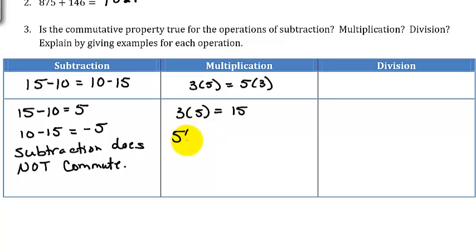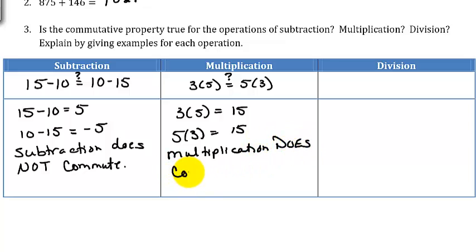And then if we do it the other way around, 5 times 3 is also 15, and so since it's true, and I'll put a little question mark on top of my equal sign because this is a question I'm asking, here we see that they are equal to each other, and so multiplication does commute. And so it doesn't matter what order you multiply things in. It does matter what order you subtract things in, however.